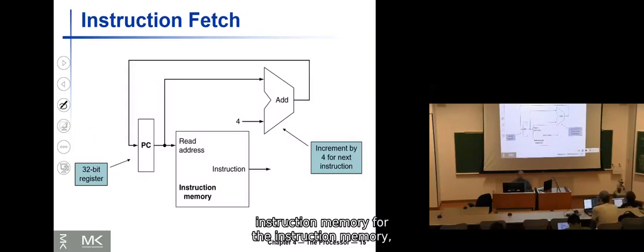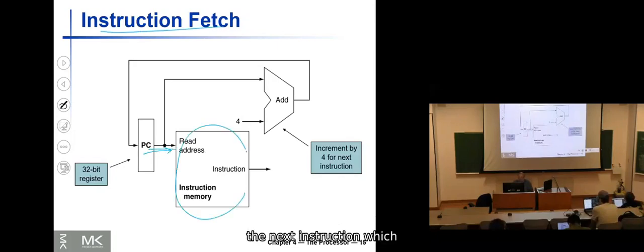For the instruction memory, when we want to fetch the instruction, it comes from the PC. PC would be the address of the next instruction which should be fetched from the memory. So you see, this is the circuit. PC is coming in, and this is the register.